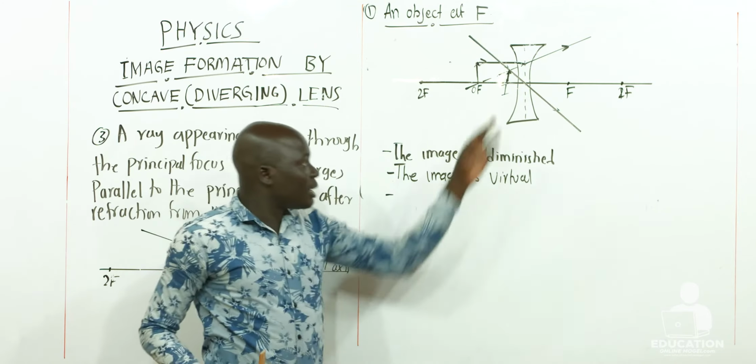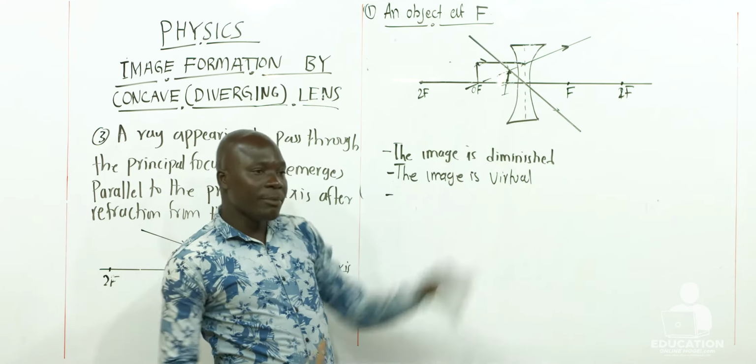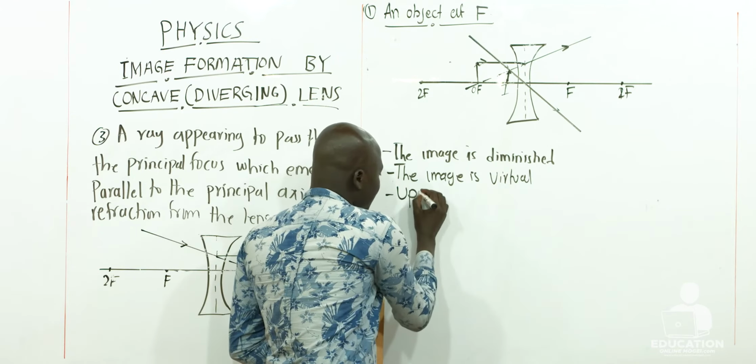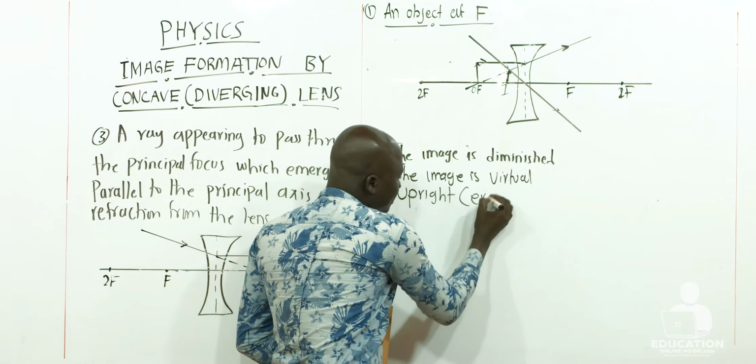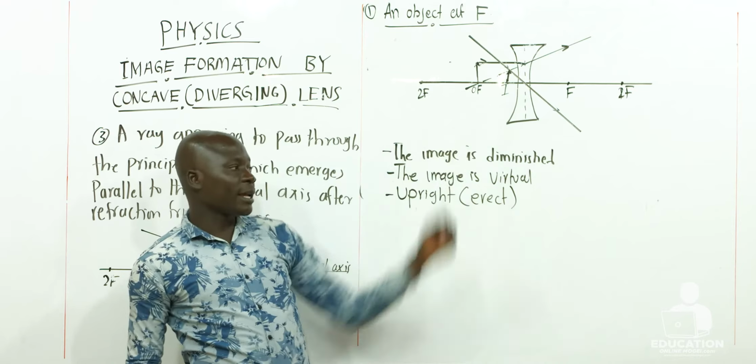Then when we look at this, the image is facing upward, so we say the image is upright, or we use the word erect.